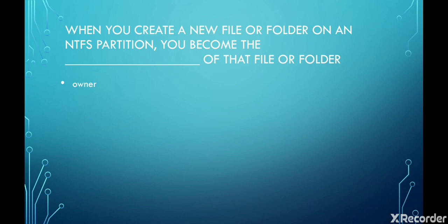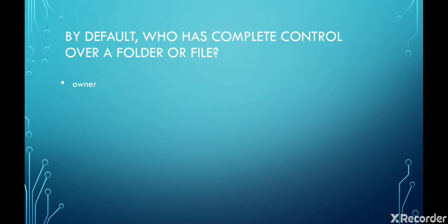When you create a new file or folder on an NTFS partition, you become the owner of that file or folder. By default, who has complete control over a folder or a file? Owner.